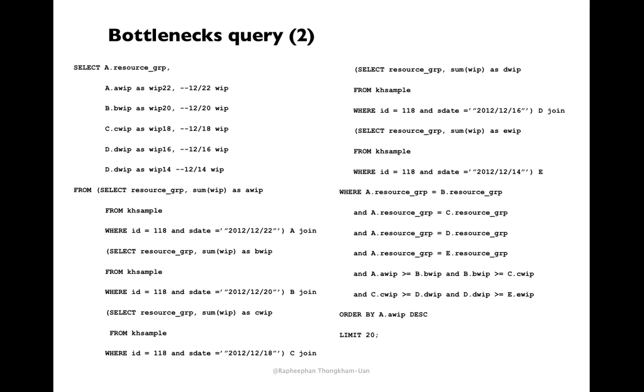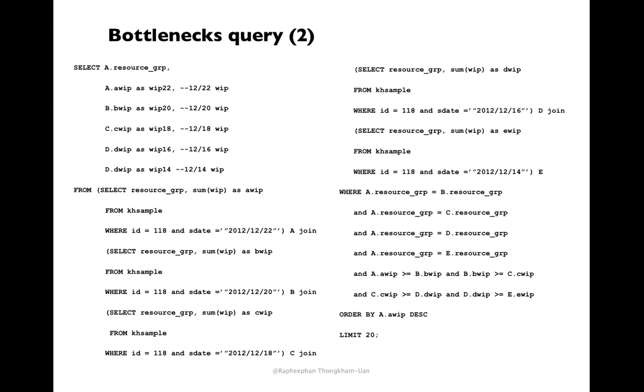The sample of my query is here. As you can see, I select the machine name, a.resort.group is the machine name, and the width value of each sampling day, and the subqueries are in the from statements.